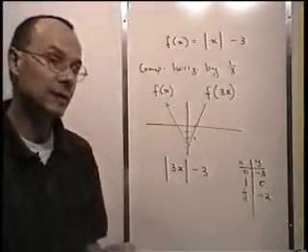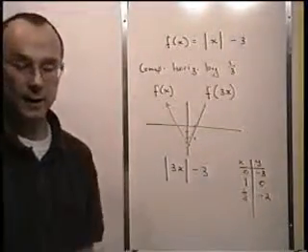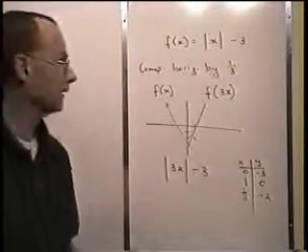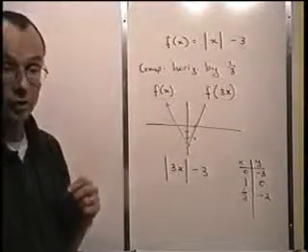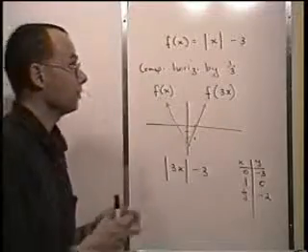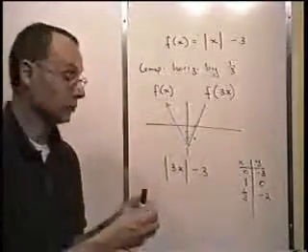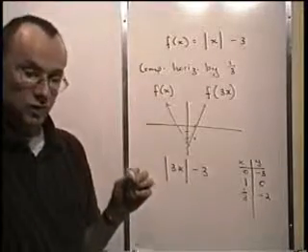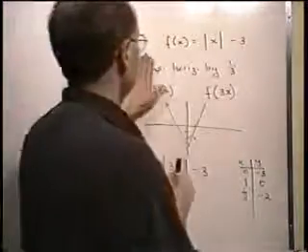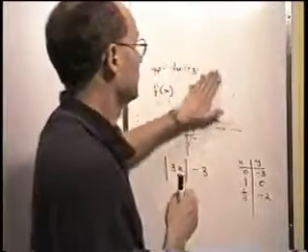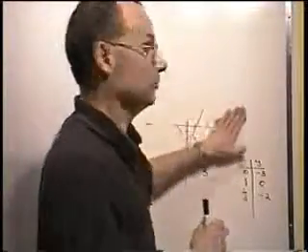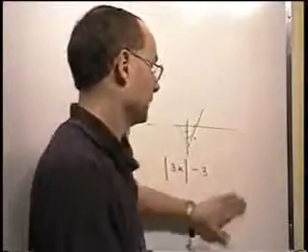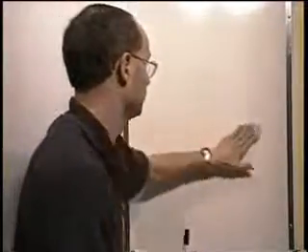Another way to illustrate this whole compression and changes horizontally or vertically without actually looking at a particular function is to analyze a graph, which is kind of what we did earlier. And the only difference that I'm going to do from what I did before is talk about something that we call the zeros.